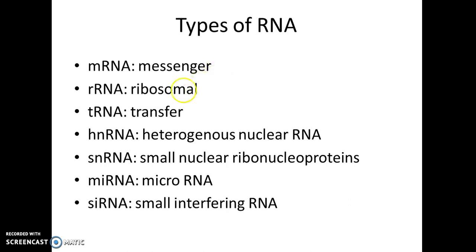Yes, I said SNRPs. S-N-R-P-S. SNRPs. miRNA is microRNA, which are small RNA sections that can bind to either RNA or DNA. And the same thing with siRNA, which is small interfering RNA molecules which can bind to DNA or mRNA.